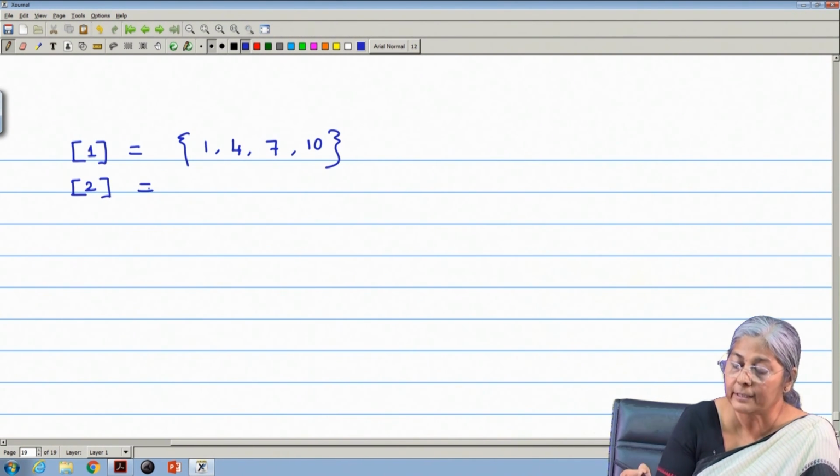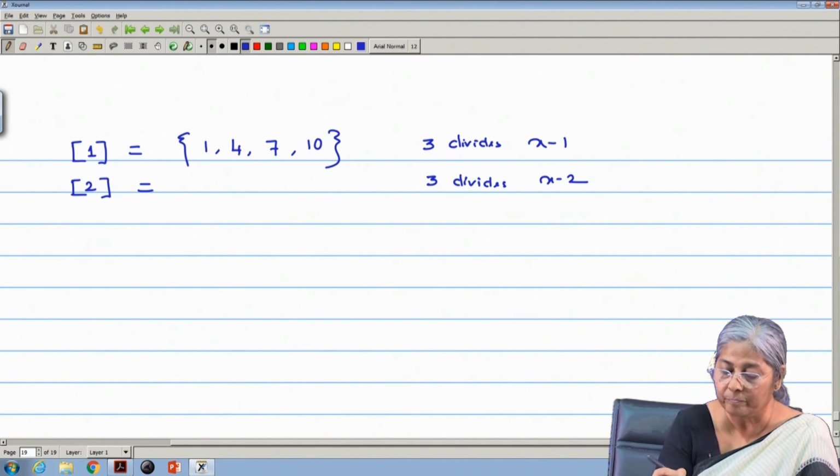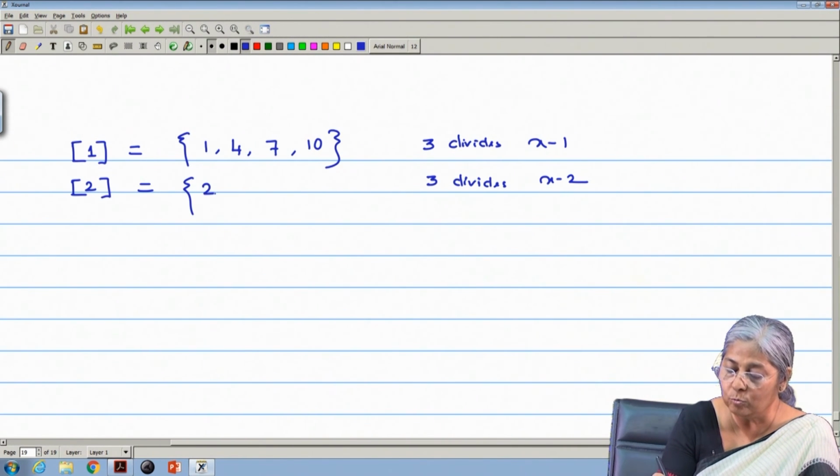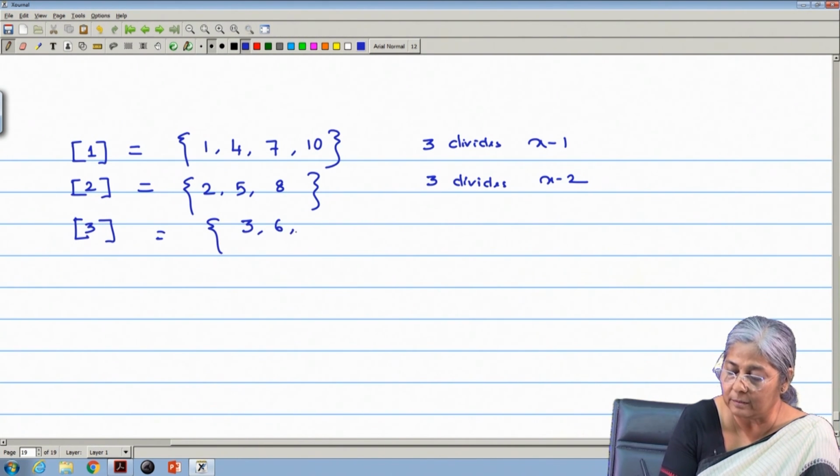Here 3 divides x minus 2, so it will be 2, 5, 8. Similarly, my [3] will be 3, 6, 9.